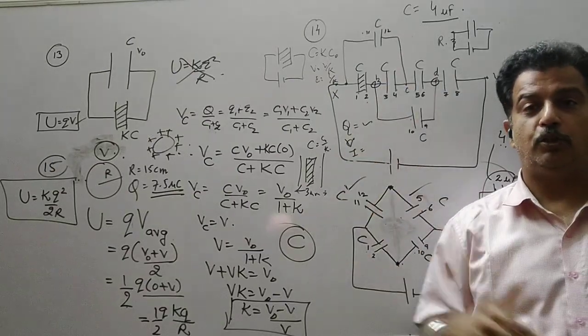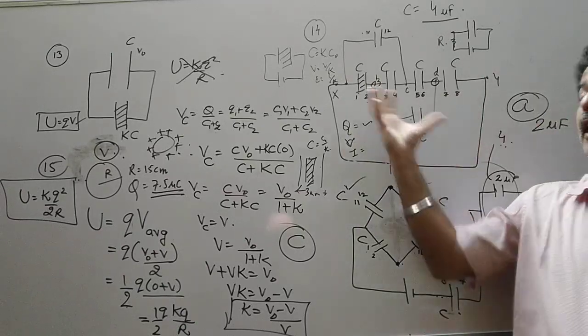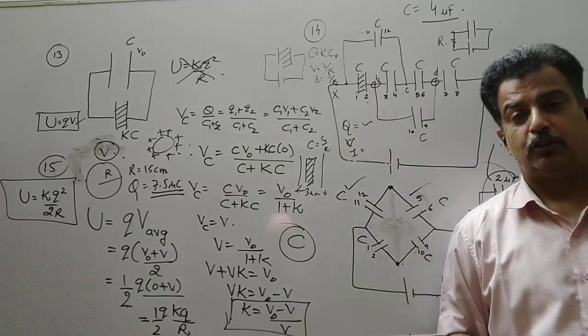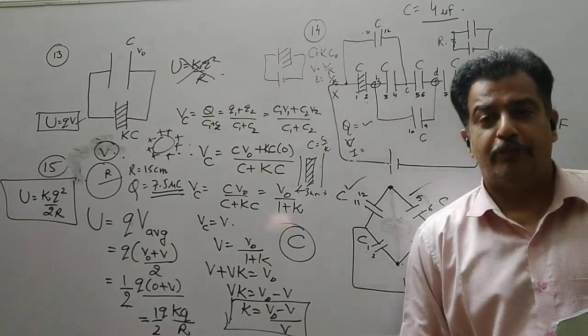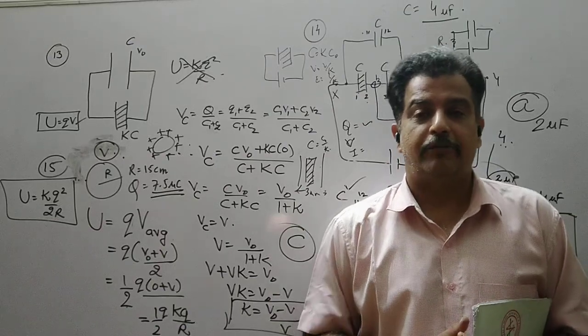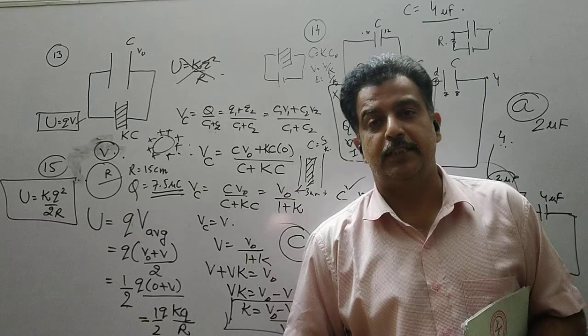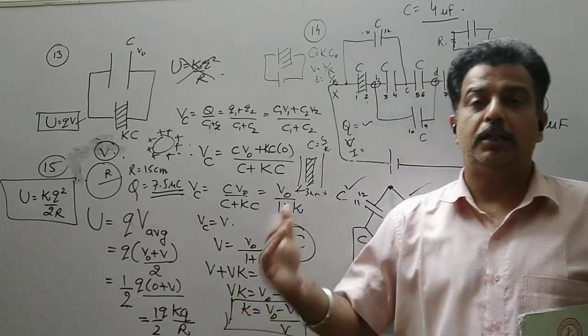We will find out the new voltage, new electric current, and how much time a capacitor will take. There are some formulas which were not given in our reference or textbook. So we will first find that formula, understand that formula, and then we will apply it.